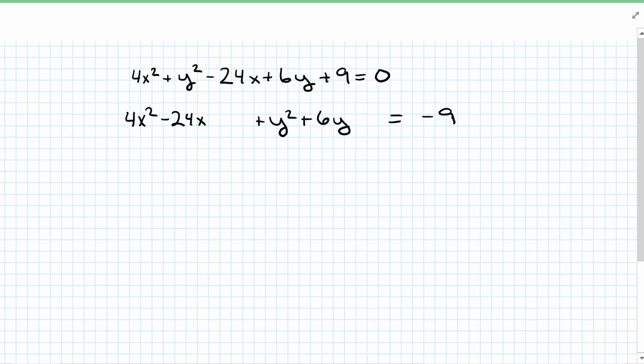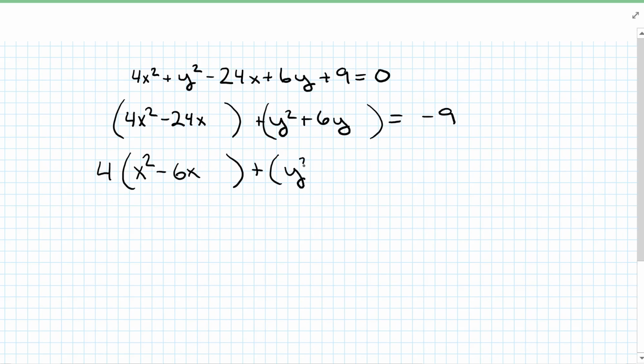Now we're going to group these things. Is there anything on the x we can factor out? A 4. So it's going to be 4 times (x squared minus 6x), leaving a space there, plus (y squared plus 6y), leaving a space there, equals negative 9.